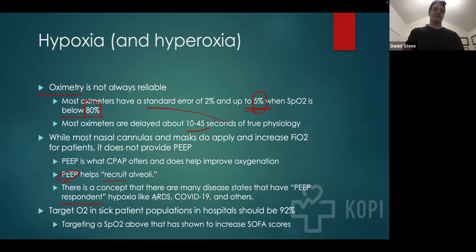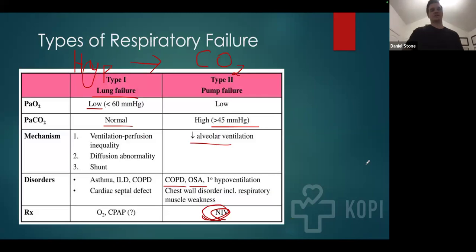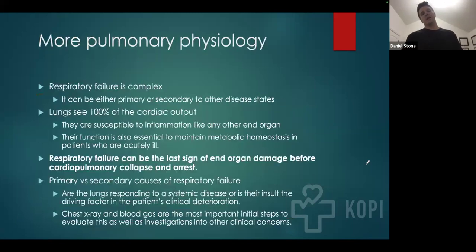This is usually something that we talked a lot about when we were treating COVID-19, as well as treating patients who have non-cardiogenic pulmonary edema or ARDS. And I know you guys already know this, 92% usually is the actual target oxygenation.